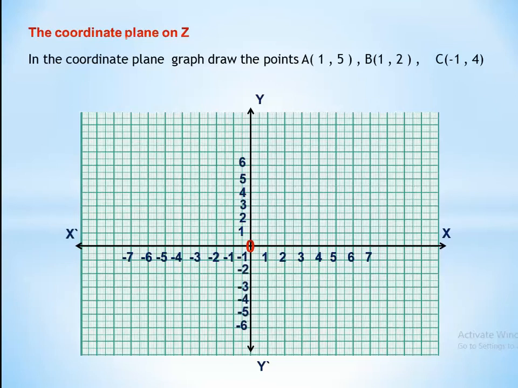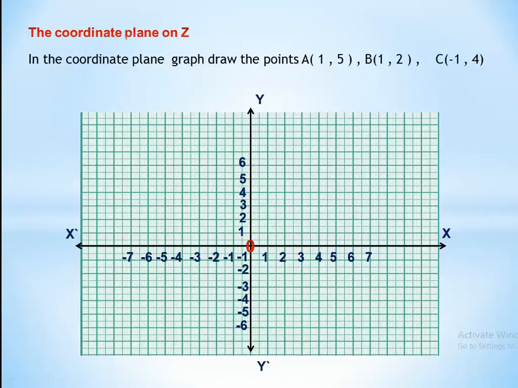Okay, let's draw A (1, 5). So 1 is x and 5 is y. B (1, 2). 1 is x and 2 is y. C (-1, 4), x and y.